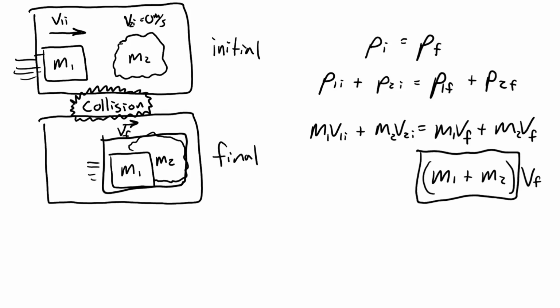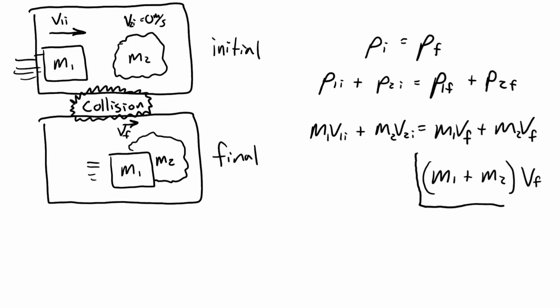This is another example of where physics is using math to represent an actual real life situation. So you could visualize the math. You combine the masses and they're multiplied by the same velocity. So your equation now looks like this.